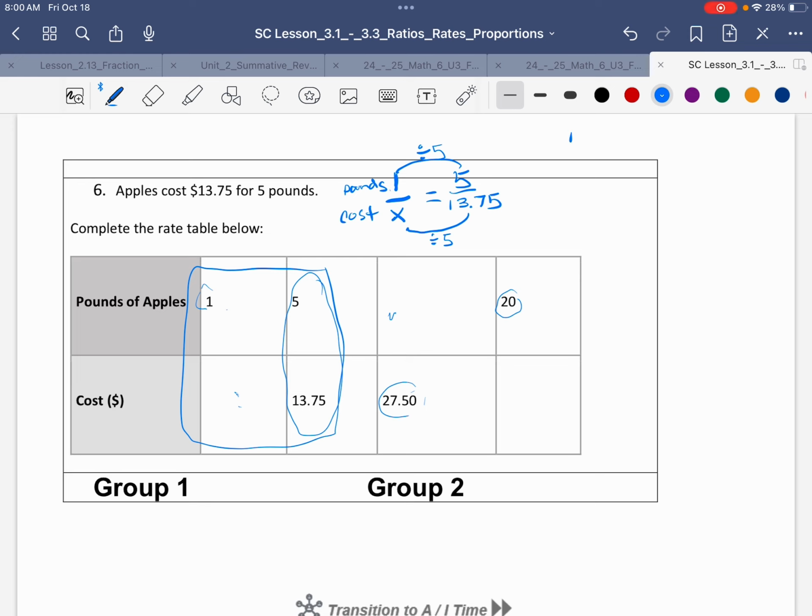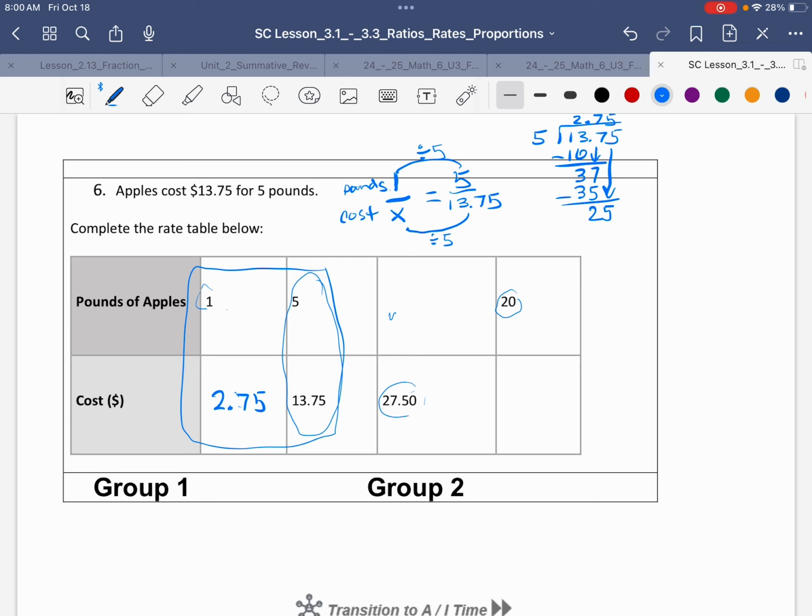Now we have to do 13.75 divided by 5. 2 groups, 10, subtract, 3 left over, bring your 7 down, put your decimal up there. That is 7, because that is 35. Bring your 5 down, now you have 25, and you will be left with 0. So $2.75 for that one there.